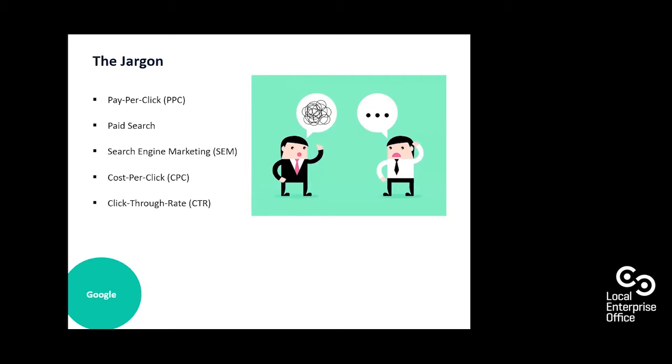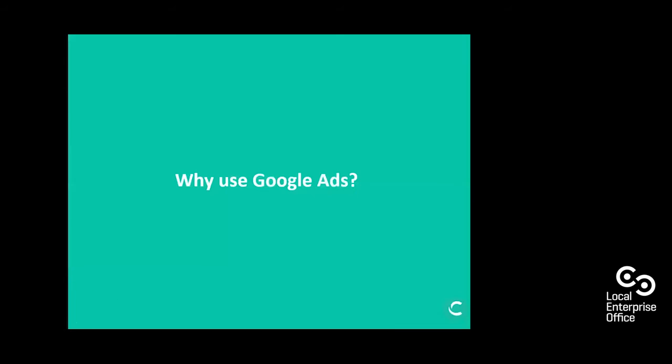Cost per click is the amount that you're going to pay per click to the website, and click-through rate is the percentage of people that click through. In other words, if your ad is shown to 100 people and 10 people click through onto the website, then your click-through rate is 10%.